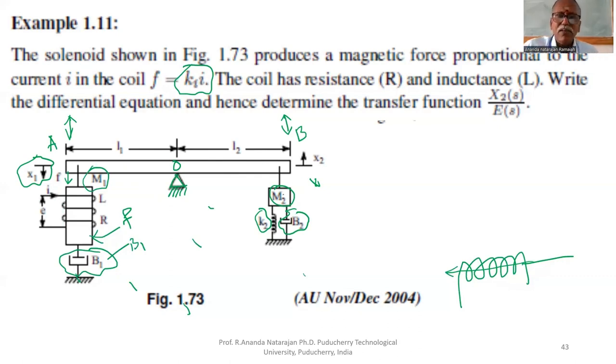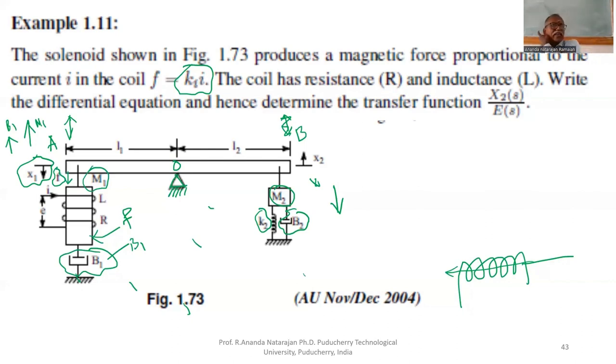Therefore, the forces developed by M2, K2, B2 are downward, because x2 is upward. Here, the applied force F is downward, so the displacement is downward. Therefore, the reaction forces developed by M1 and B1 are upward.